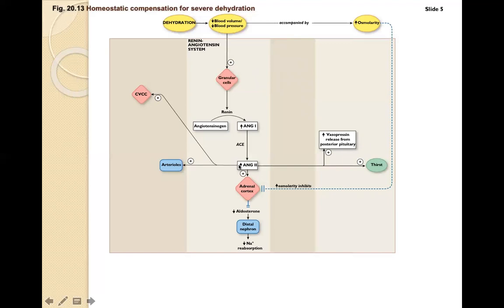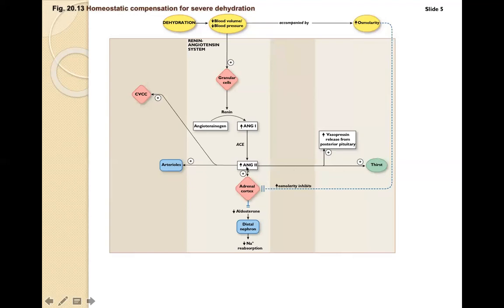We know that it is one of the most potent vasoconstrictors, so it's going to cause the arterioles to vasoconstrict. We know that it's going to affect the hypothalamus and pituitary to release more vasopressin. We know that one of the effects is it's going to increase thirst.